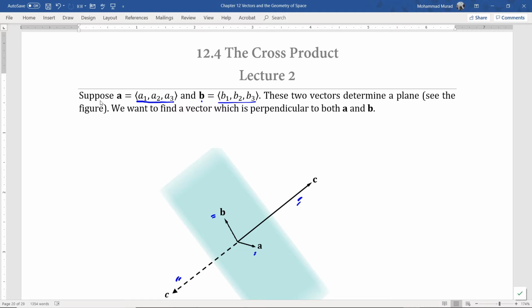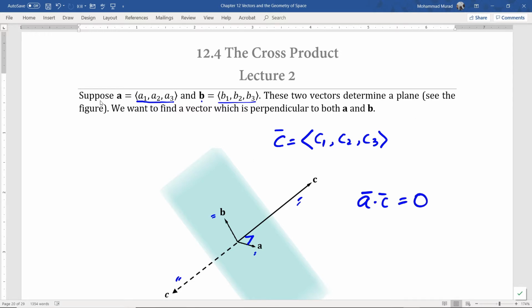Suppose the vector C has components C1, C2, C3. So the vector C must satisfy these two equations. Since the vector C is perpendicular to the vector A, it must satisfy this equation: A dot C must be equal to the scalar 0.